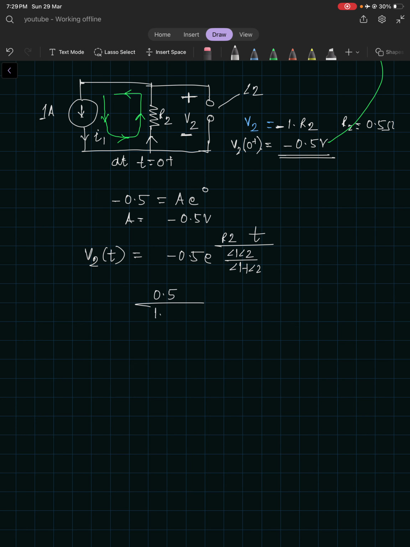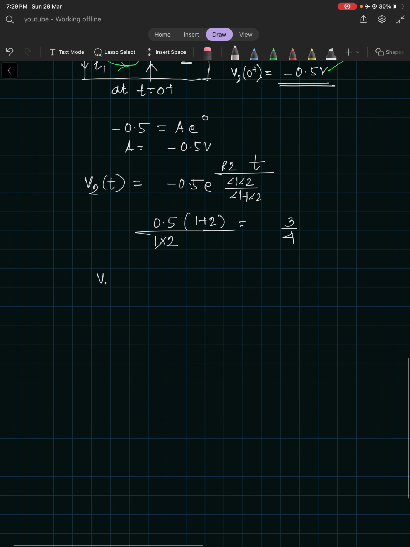What is L1 parallel L2? 1 into 2 upon 1 plus 2, which is 2 by 3. So 0.5 divided by 2 by 3 becomes 3 by 4. If you have already solved it, just skip this part. So the final expression would be e to the power minus 3 by 4 into t.